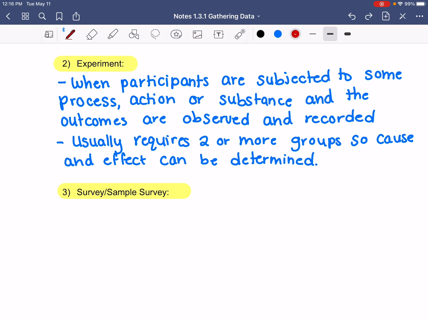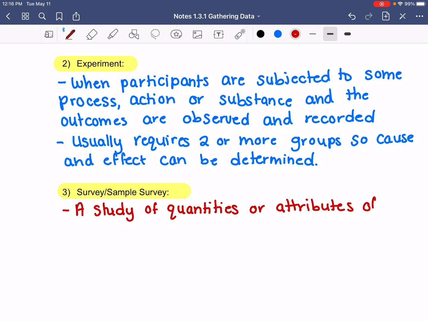Basically, it's just a study of quantities or attributes of items or people of interest. Just a sample is taken.